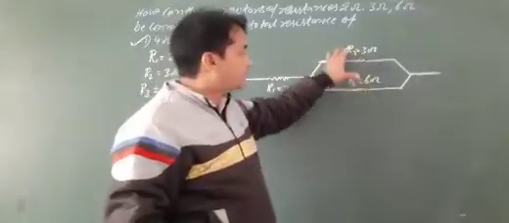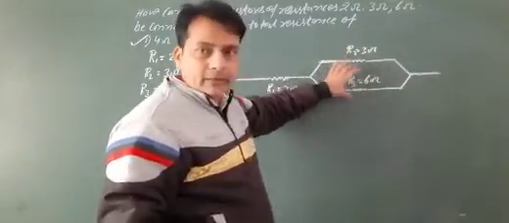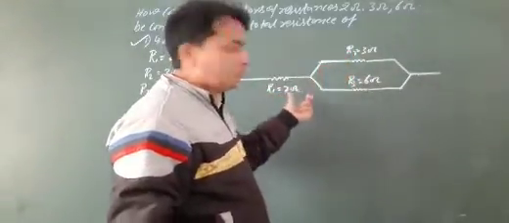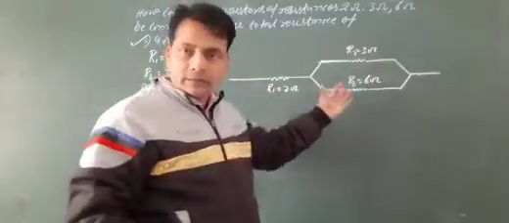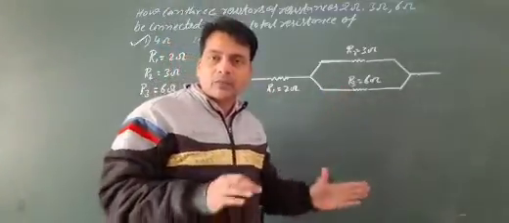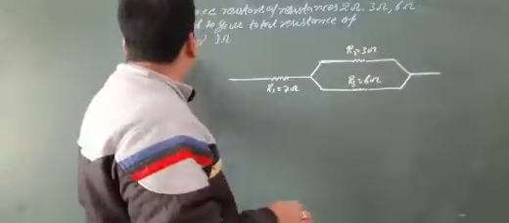If the 3 and 6 ohm are connected in parallel and the 2 ohm in series combination, then the total resistance is 4 ohm.